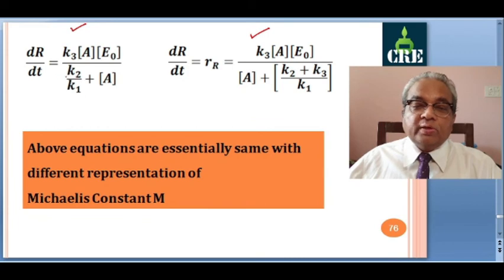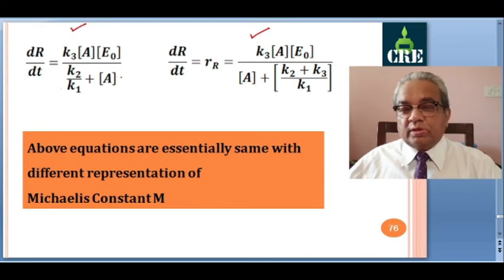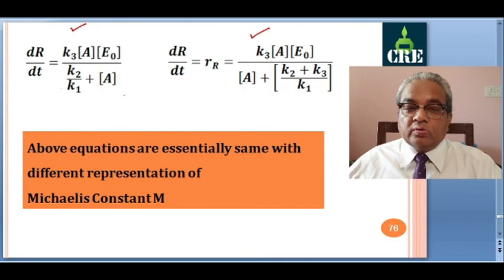If you multiply this by K1 by K2, you get 1 plus K1 by K2A. So this is equivalent to the K1Ca by 1 plus K2Ca form. This is also equivalent to the K1Ca by 1 plus K2Ca form.